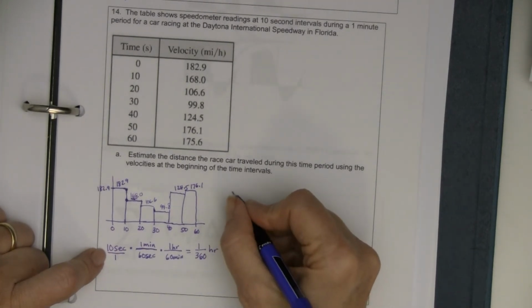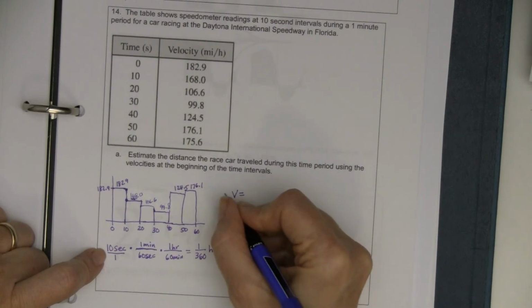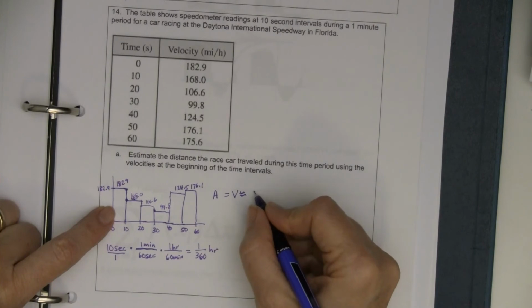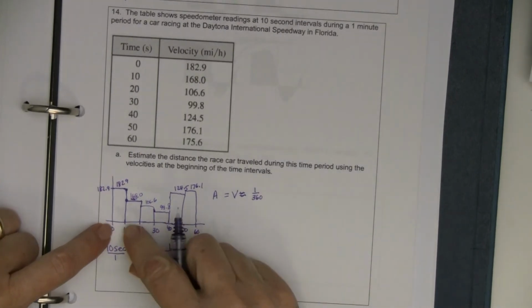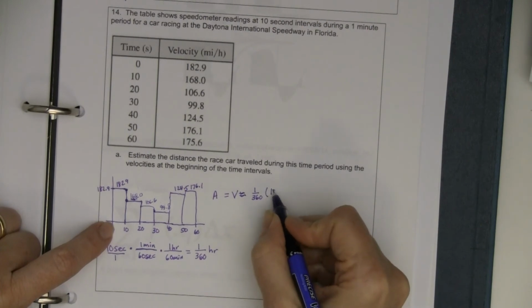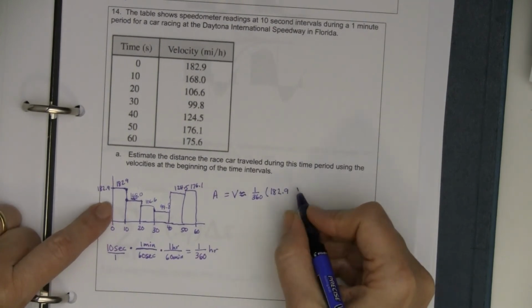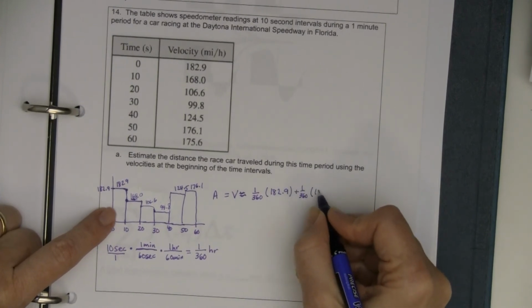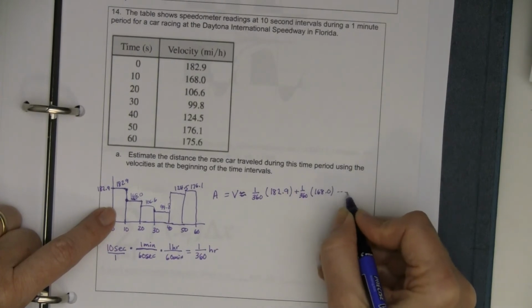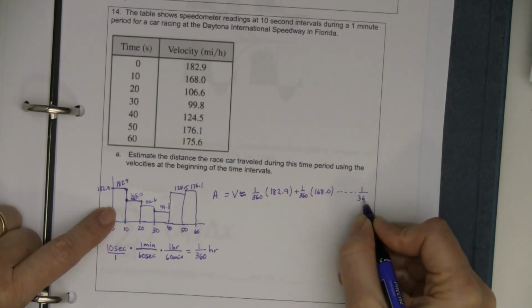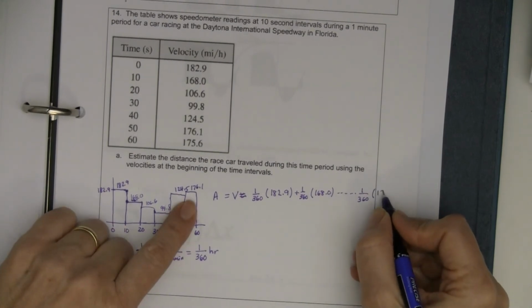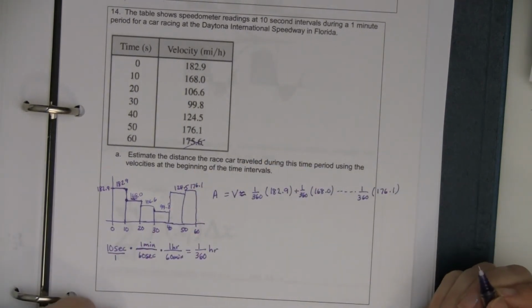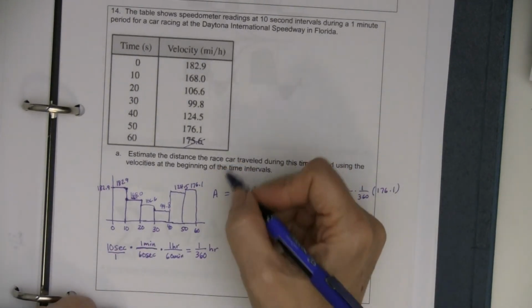So my area, which is my velocity, right, is approximately equal to 1 over 360, that's how wide it is, times 182.9, plus 1 over 360 times 168.0, all the way down to 1 over 360 times 176.1. Notice this one didn't get used because of the beginning of the time interval, right? We used all the others.